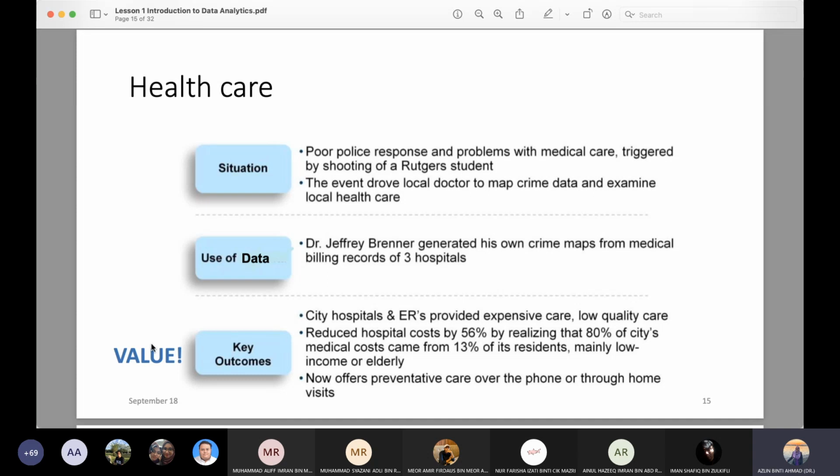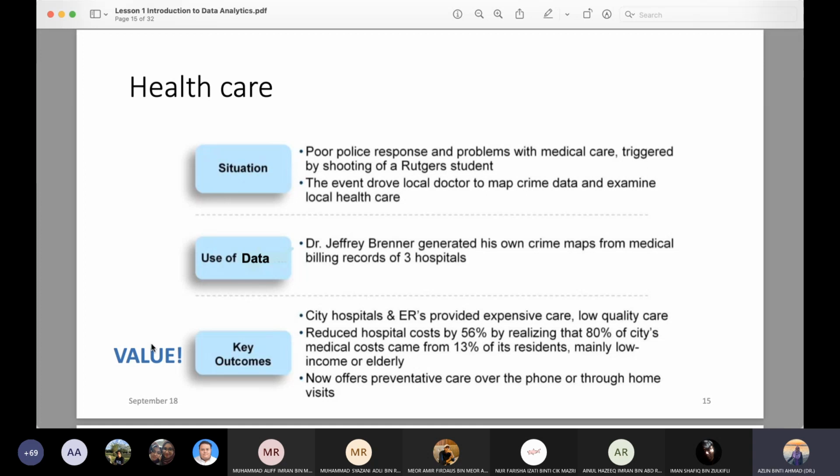So you can see here the findings for this case study says that city hospitals and ER provided expensive care but low quality care. Okay, expensive in terms of cost, but in terms of servicing tu agak low, and the reduced hospital cost by 56% by realizing that 80% of the city's medical costs came from 13% of its residents, mainly low income or elderly.